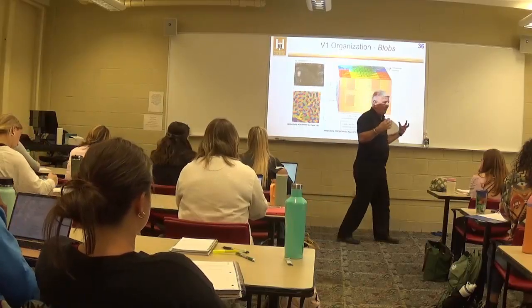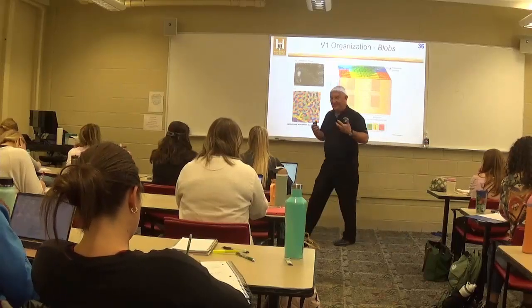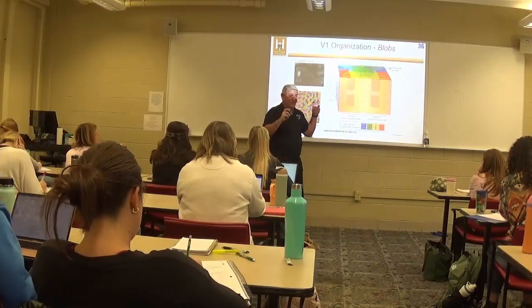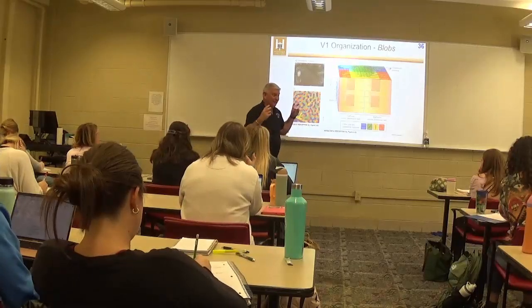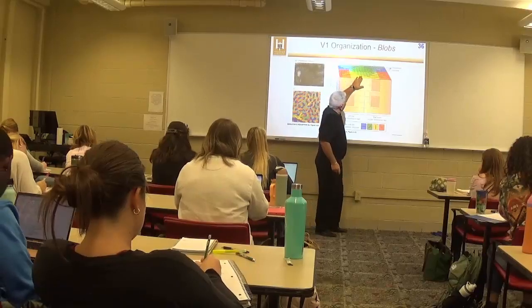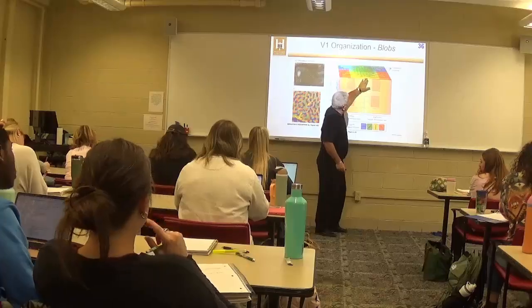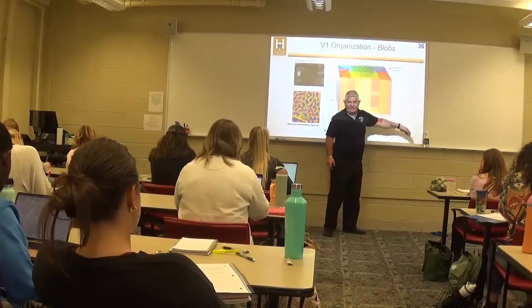It's representing what they call blobs because it looks like blobs. It doesn't really have a logical organization for our brain to detect things. So going across this hypercolumn, you might have some of the angles and lines that are most responsive to yellow, but other angles most responsive to orange or red.